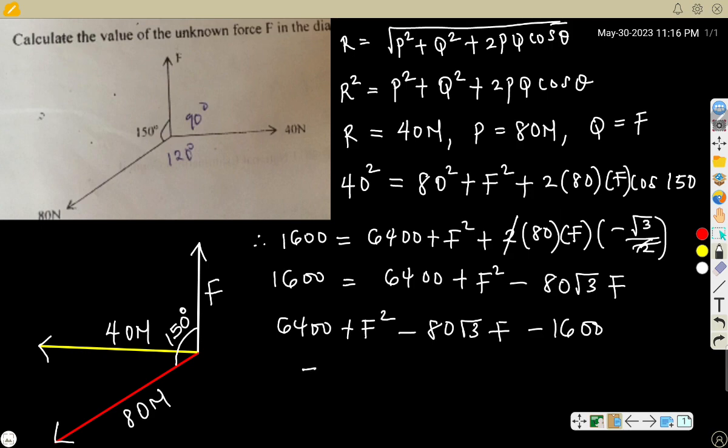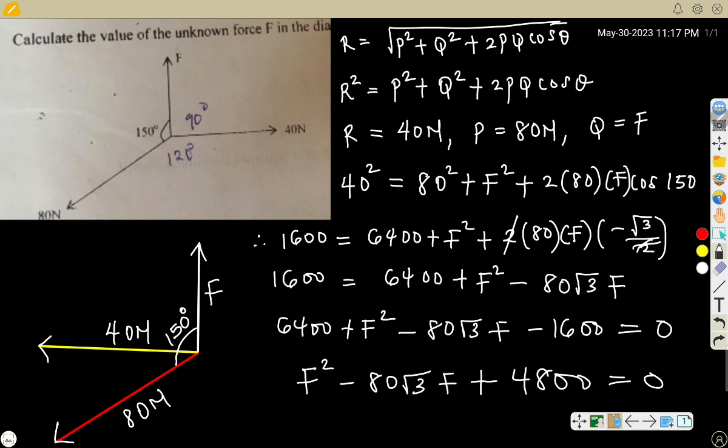So this will now be F square minus 80 root 3 F. Now 6400 minus 1600, that is plus 4800. So everything is 0. So this is a quadratic equation. So use the formula method to solve the quadratic.